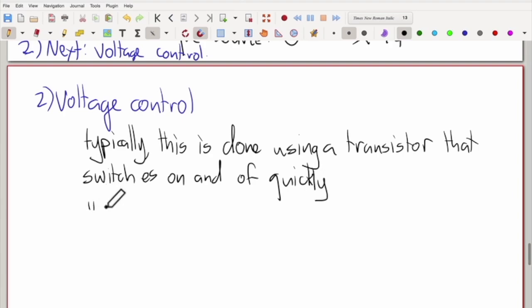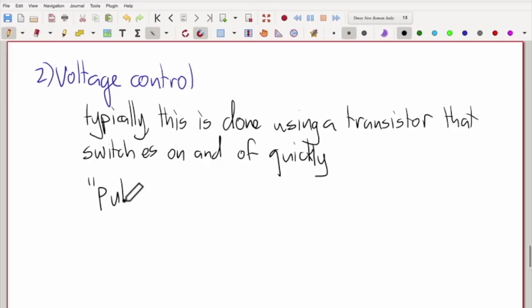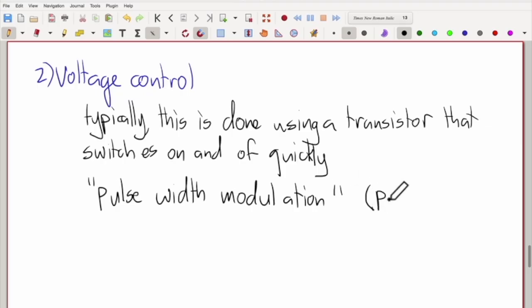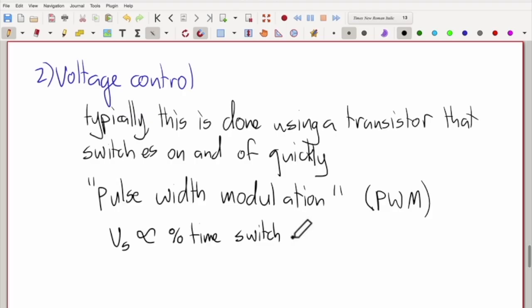This is known as pulse width modulation, or PWM. And the ultimate voltage source coming out of your pulse width modulated transistor ends up being proportional to the percentage of time that the switch is on versus off.